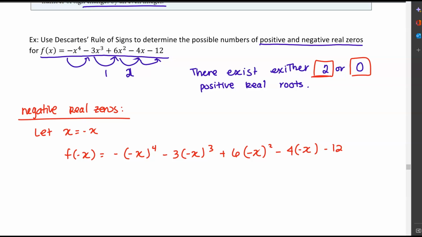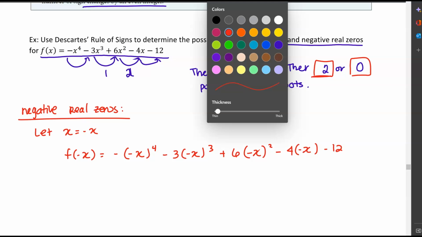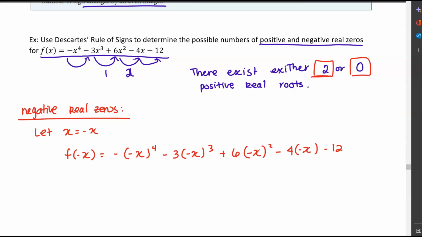Now when we simplify all these signs, because this is to the fourth power, this just becomes x to the fourth. This is to the third power, so that's going to change to 3x cubed. This stays positive 6x squared. This one becomes a positive 4x, and then we get a minus 12.